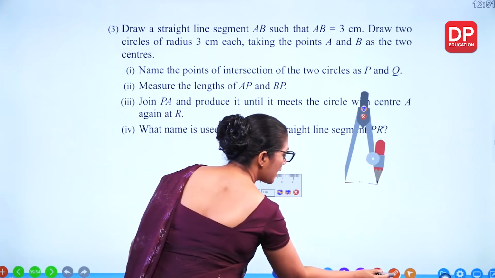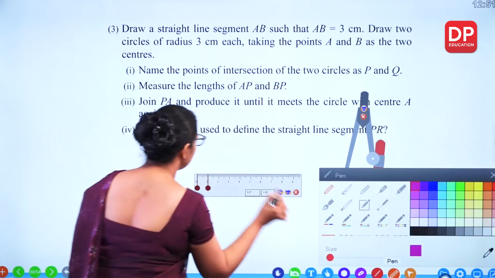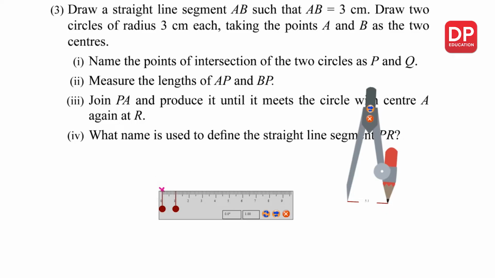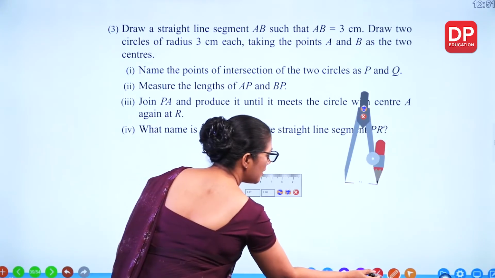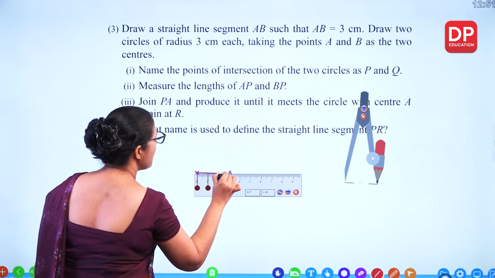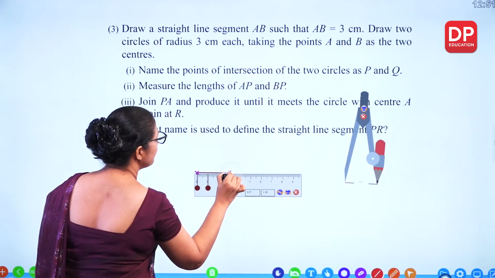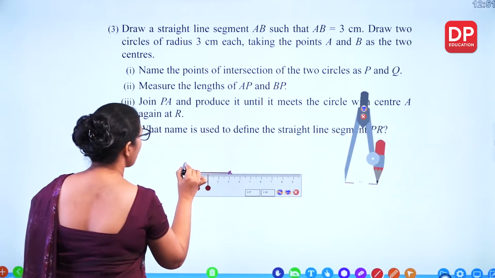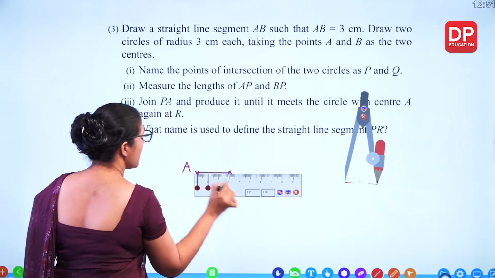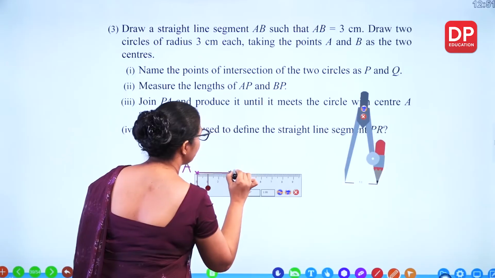So we can mark it A and 3 centimeters here and draw the line segment AB. This is A and B.